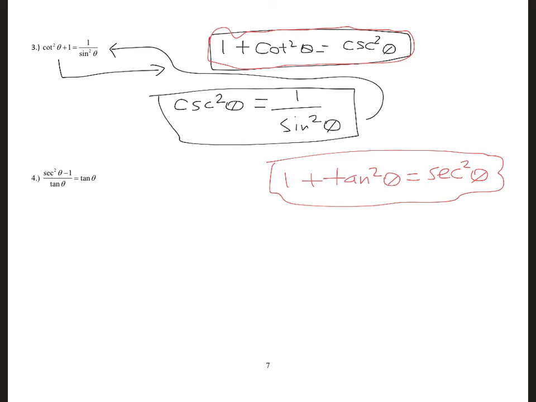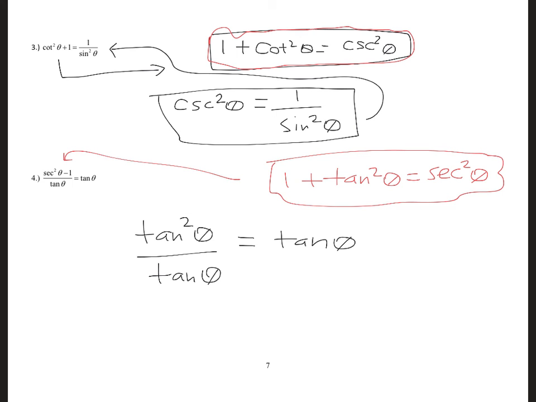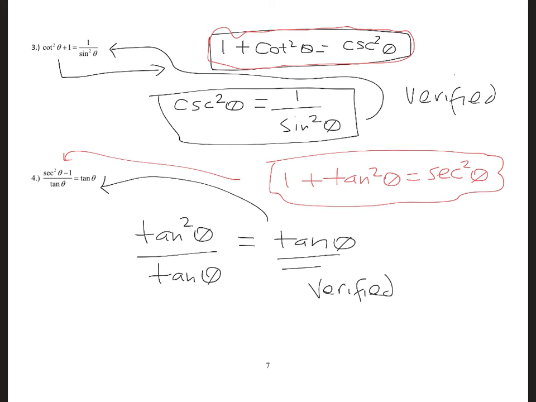So the denominator here, secant squared minus 1, leaves me with tan squared theta, and I'm dividing by tan theta, and that gives me tan of theta. And this is equal to that. So here I can write verified. And I could do the same for these ones, verified. Could do the same for each one of them.